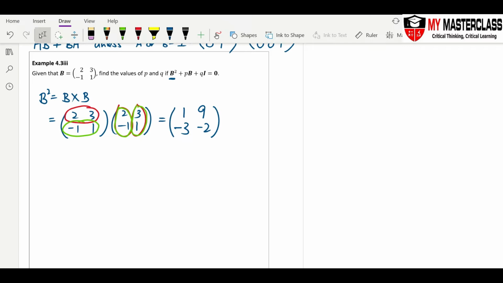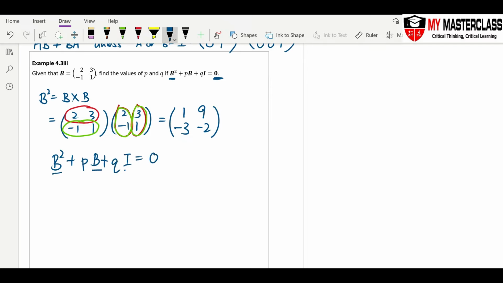Now what happens if they ask to find P and Q if all this is equal to 0? You realize that this is a 0 with a bold, which means it is a 0 matrix. It's not just 0, it is a 0 matrix. So B squared plus PB plus QI equals 0.